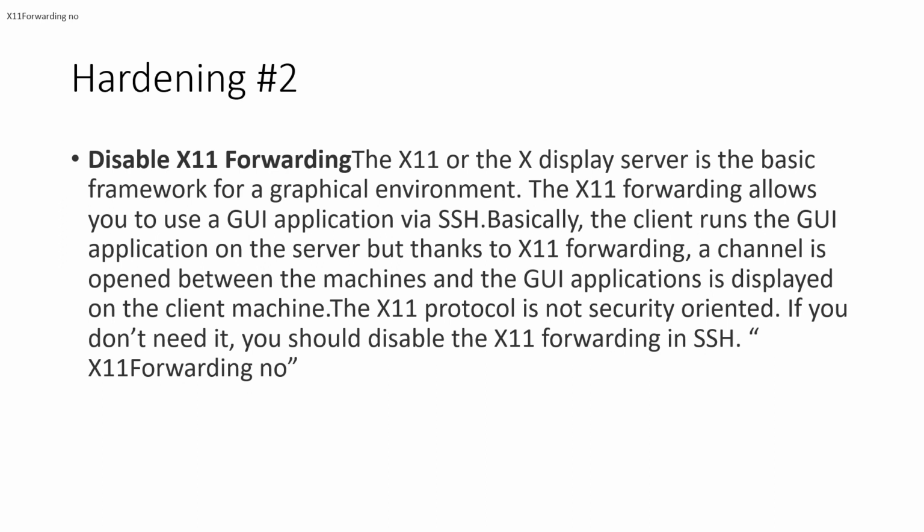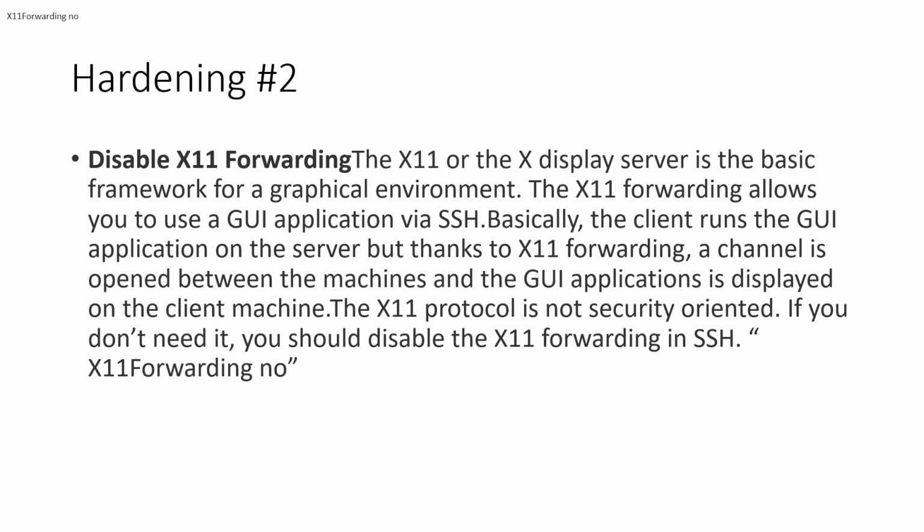The second hardening is to disable X11 forwarding. The X11 or the X display server is the basic framework for the graphic environment. X11 forwarding allows you to use GUI applications via SSH. Basically, the client runs the GUI application on the server, but thanks to X11 forwarding, a channel is opened between the machines and the GUI application is displayed on the client machine.